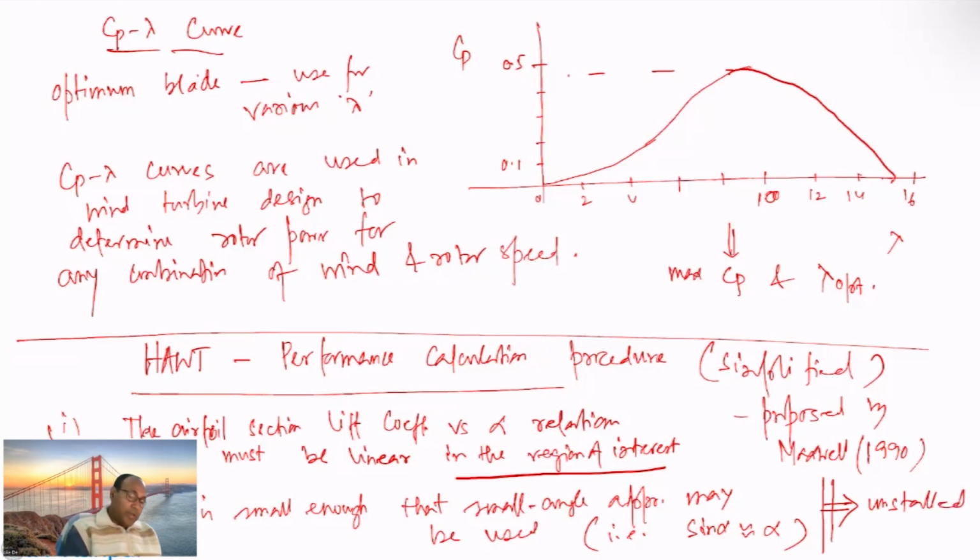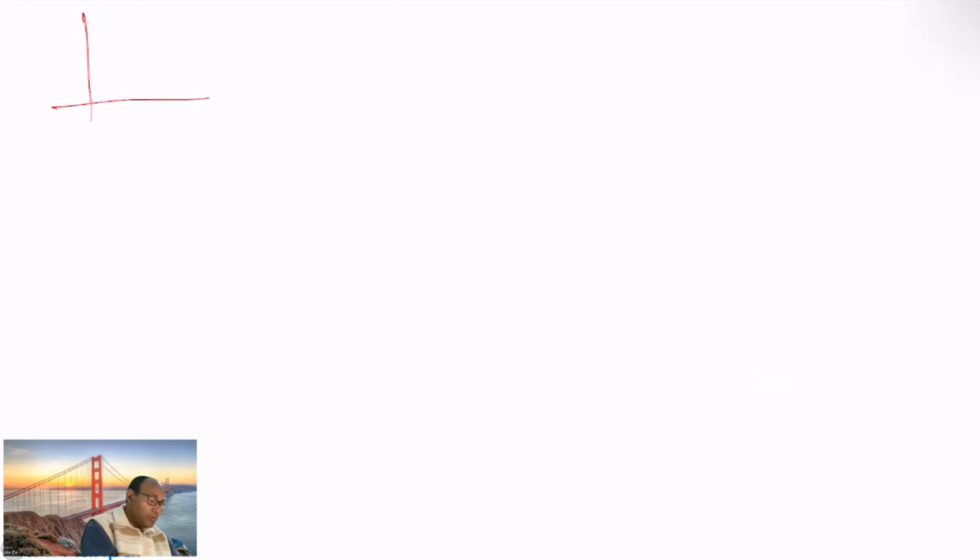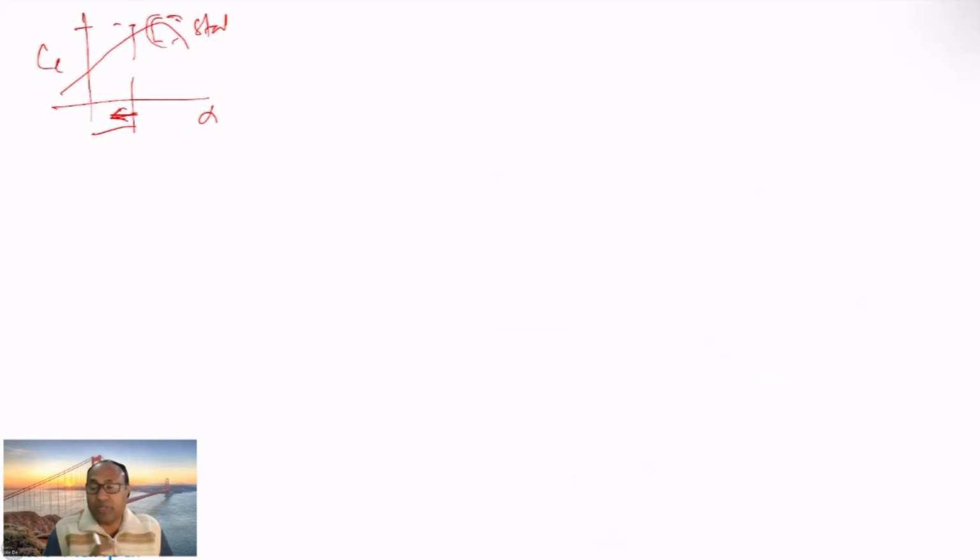I mean, you talked about the CL versus alpha curve, and this is my stall, then you are trying to restrict yourself to this particular zone. Okay, so that means you try to stay within the unstalled region. But as I've said, it can be applied to some stalled conditions for moderate angle of attack if the lift curve can be linearized.